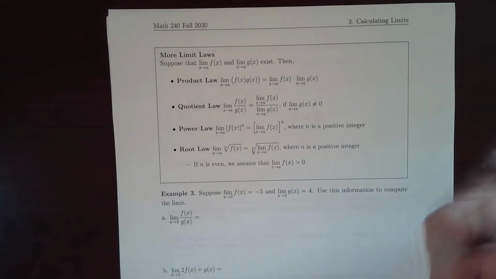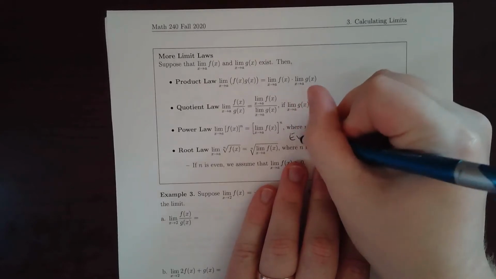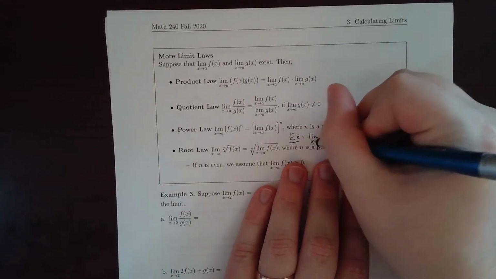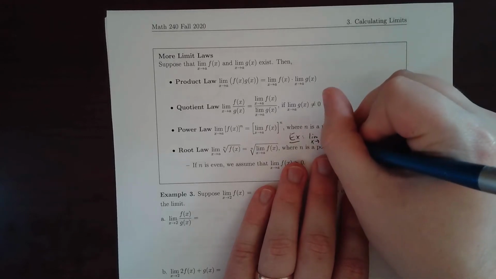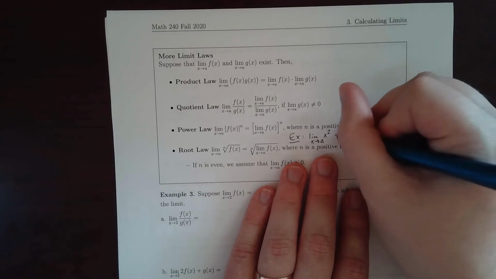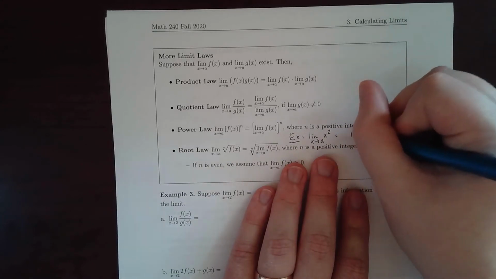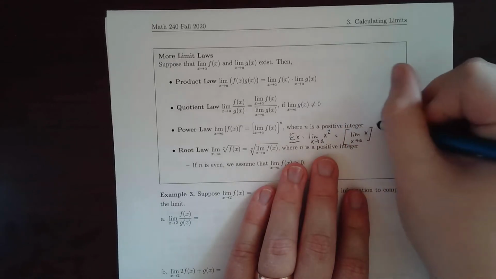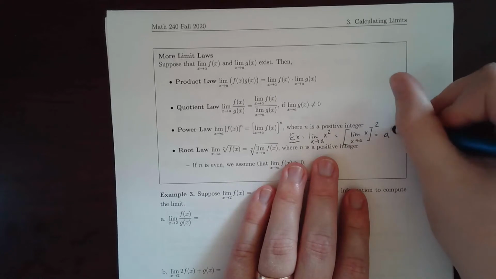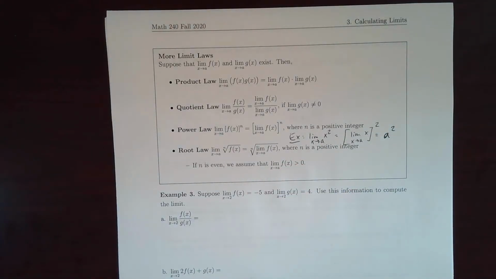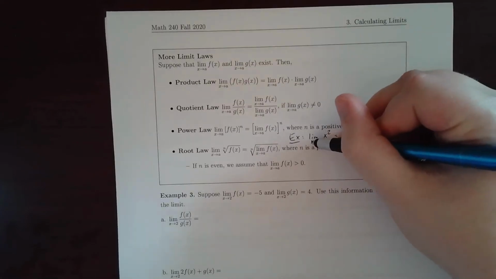So if we looked at, for example, the limit as x approaches a of x squared, well, this is going to be the same as the limit as x approaches a of x, whole thing squared, which will just be a squared. So about what we would expect out of that.